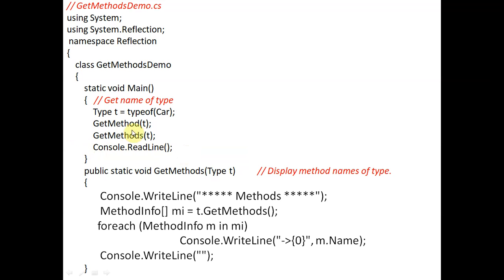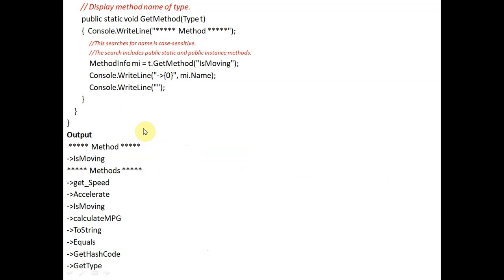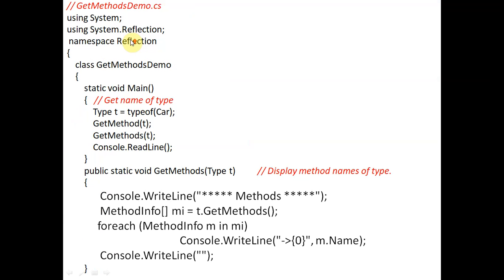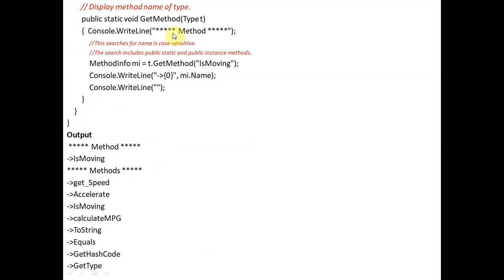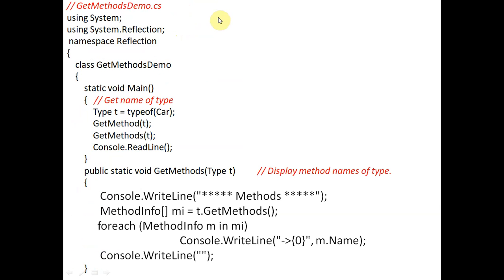So you can see here GetMethod(t). It is defined this way, only GetMethod, passing type t. Again t is the object of Type.